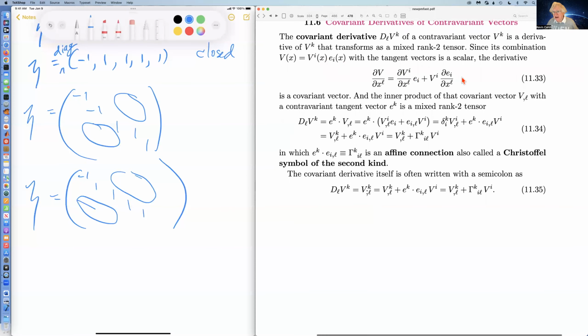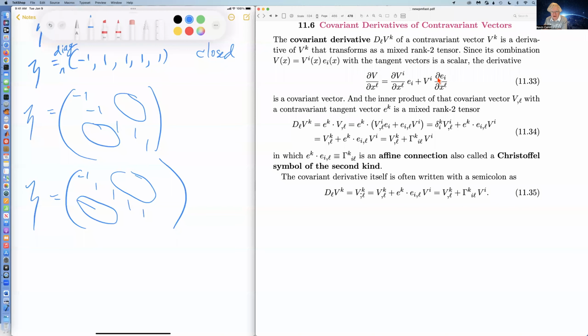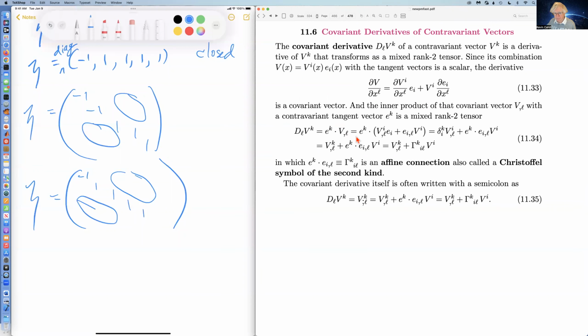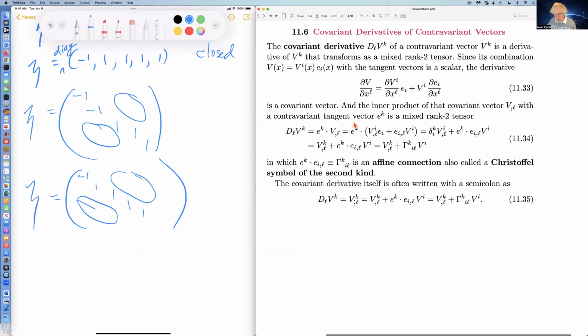But when you've done that, you end up with something that's actually a vector in the embedding space. And you don't want to stay in the embedding space. You want to get back to Earth into our physical space. And so what you do is you take a dot product of this expression with a cotangent vector.